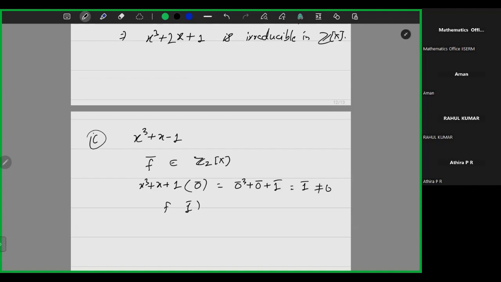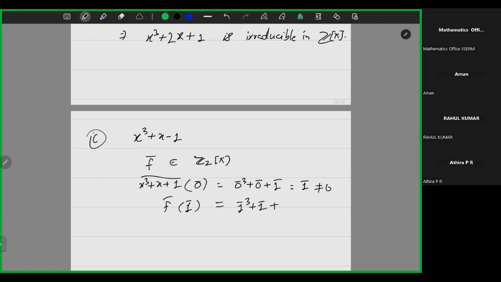F at 1 bar, what are we getting here? 1 bar cube plus 1 bar plus 1 bar is equal to 3 bar, which is equal to 1 bar, which is again not 0. This implies x cube plus x minus 1 is irreducible.